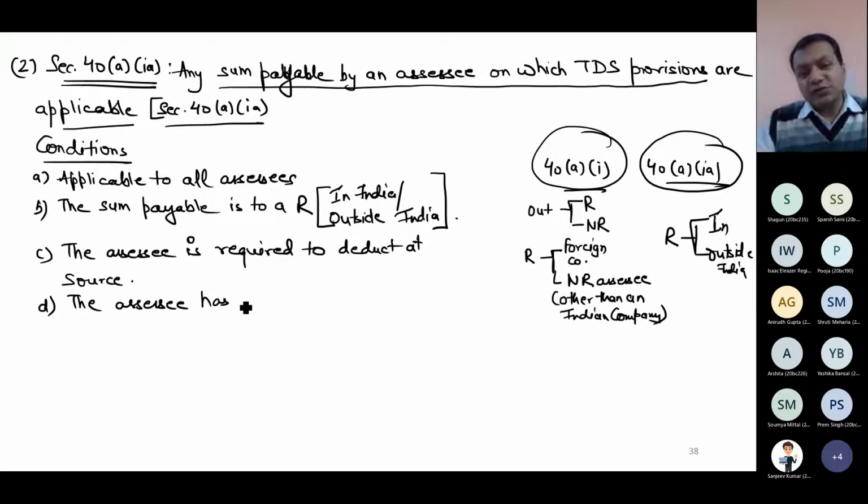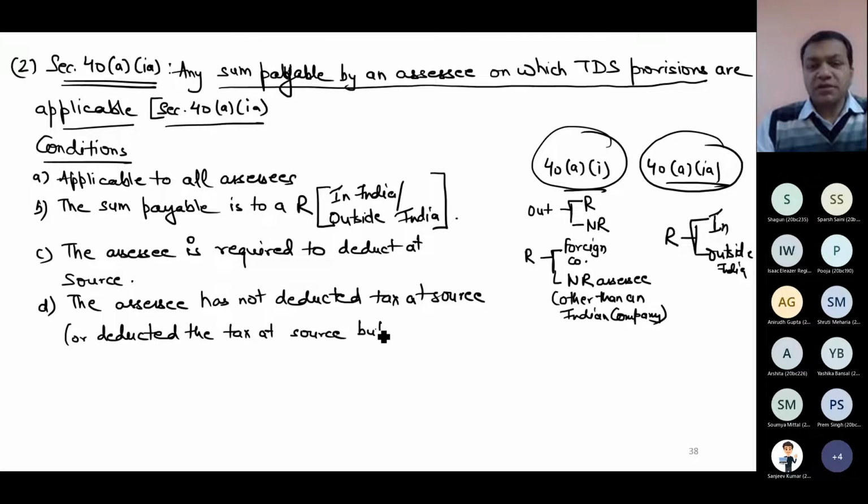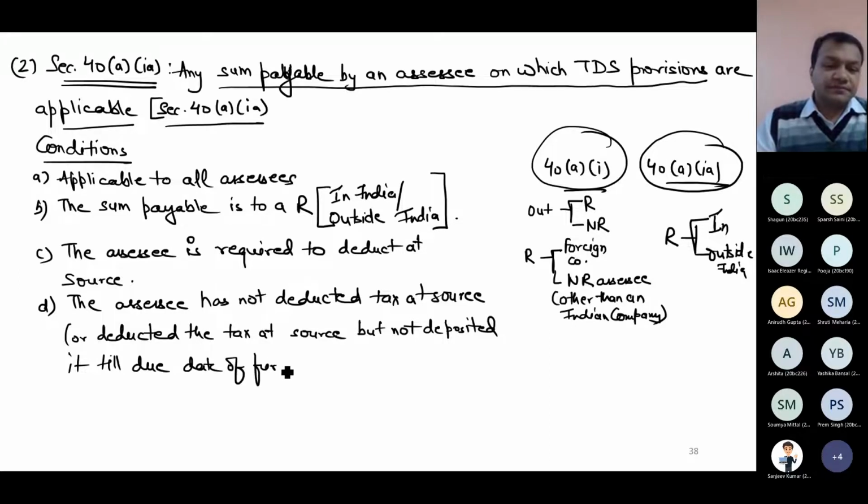The assessee has not deducted tax at source, or deducted the tax at source but not deposited it with the government till the due date of furnishing return of income under section 139(1).